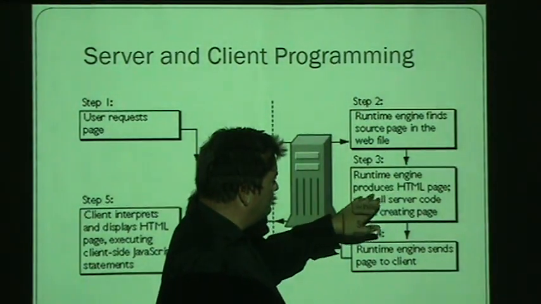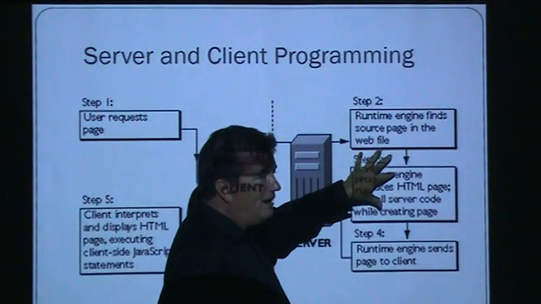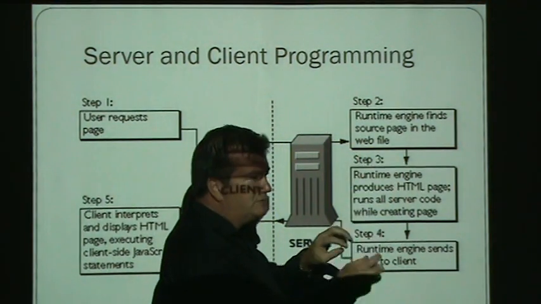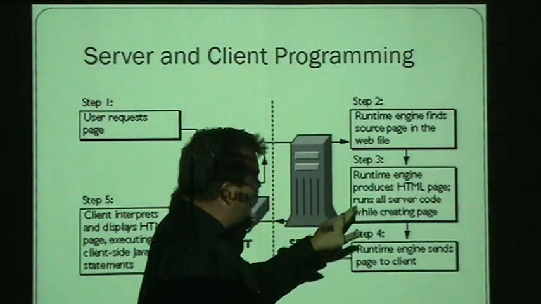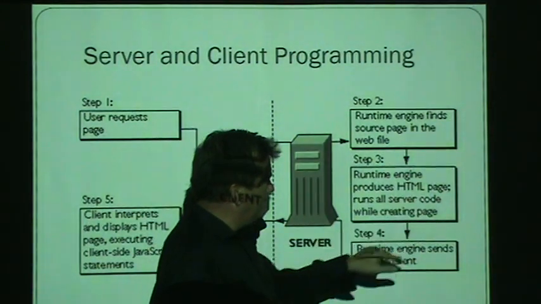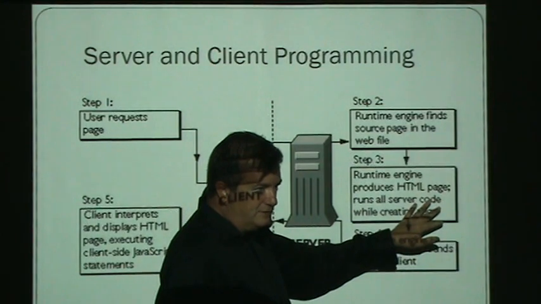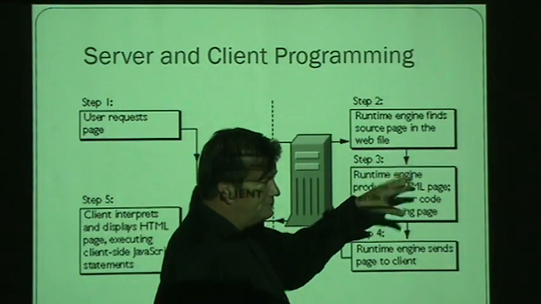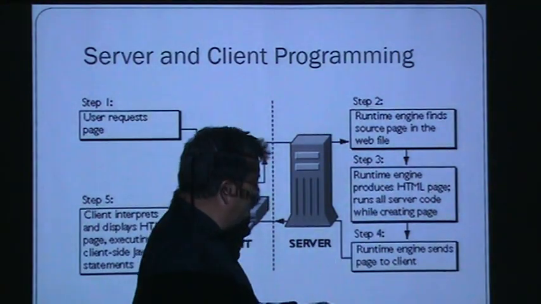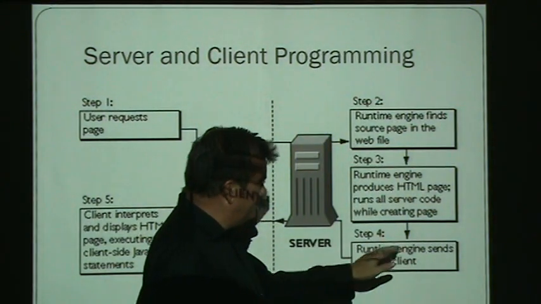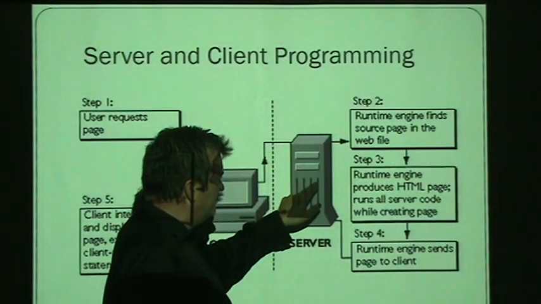So the runtime engine will run a program, possibly making determinations of what to send back to you. And then it produces an HTML page, runs all the server code while creating the page, then determines, based on the outcome of the code, the runtime engine sends the page back to the client.